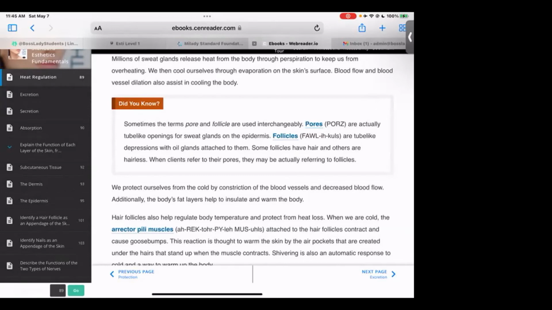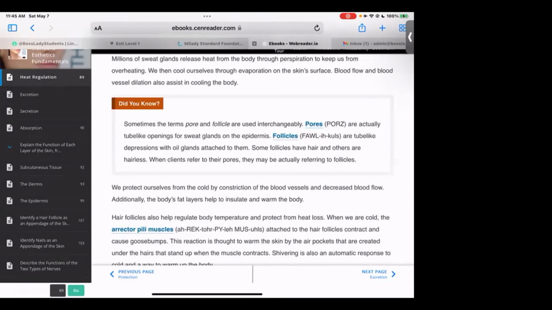So pores are openings in the skin, out through the epidermis, that allow for sweat to pass through them, while follicles are tube-like depressions from the epidermis in with oil glands attached to them to allow oil to flow through the skin. Pores and follicles are not the same thing.